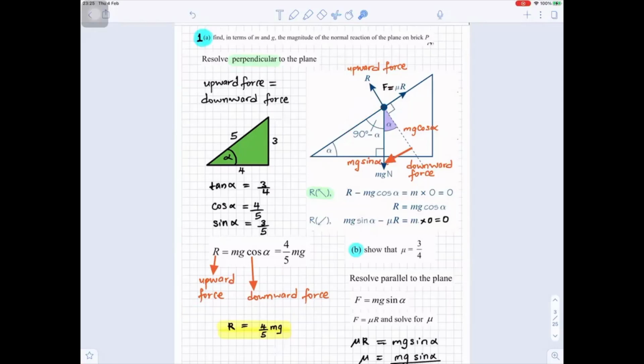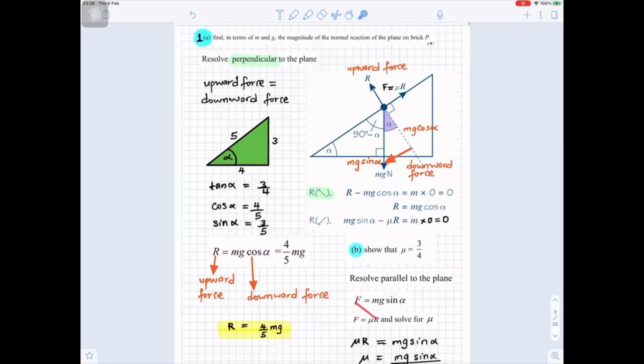The frictional force is called F, and the force pulling it down is mg sine alpha. It's not moving, so forward force is equal to backward force.